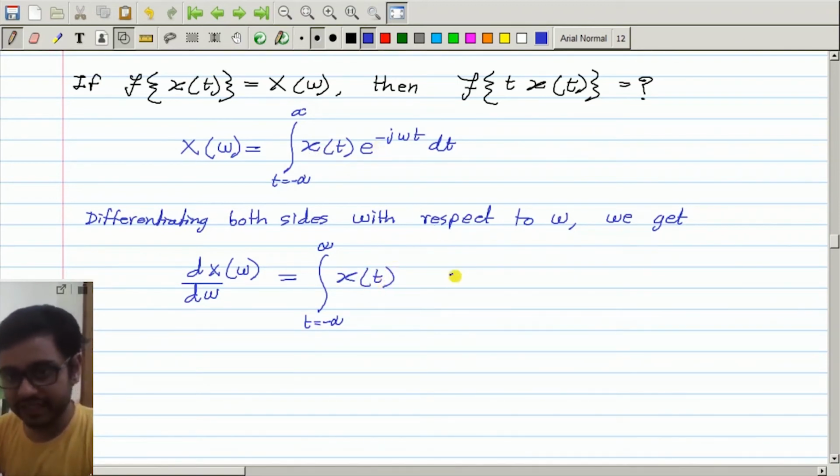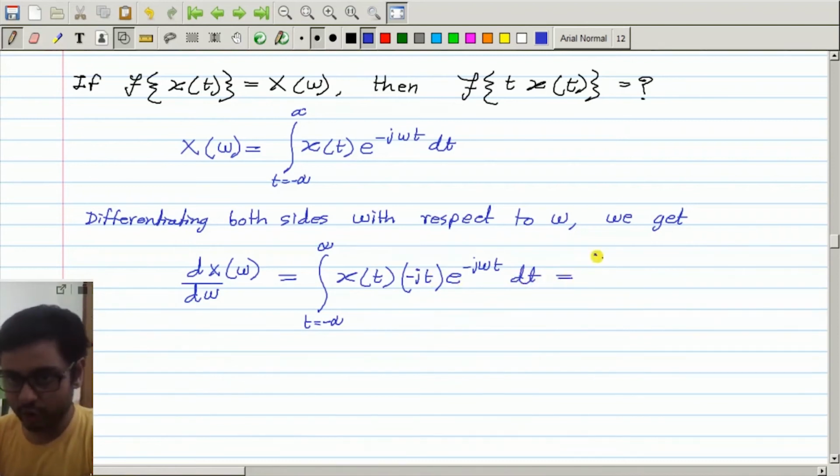And if you differentiate e to the power minus j omega t with respect to omega, you will get e to the power minus j omega t multiplied with minus j t and this dt here.